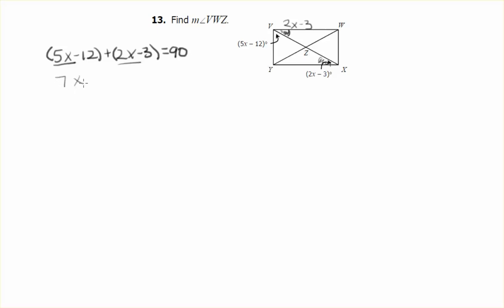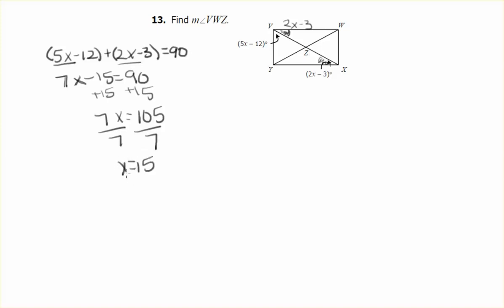So we're going to have 7x minus 15 equals 90. Divide by 7, so that we get x equals 15.